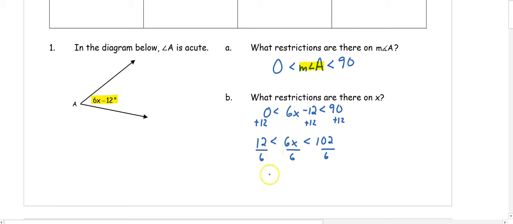So 12 divided by 6 means that 2 is less than x, which is less than 102 divided by 6, 17. So that means any value that I pick for x between 2 and 17 will make this an acute angle. So we don't actually know what the total measure of it is. We just know what x values work to make it look like an acute angle when we find the measure.